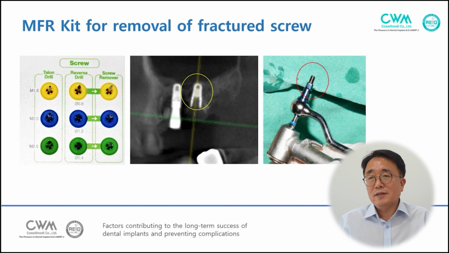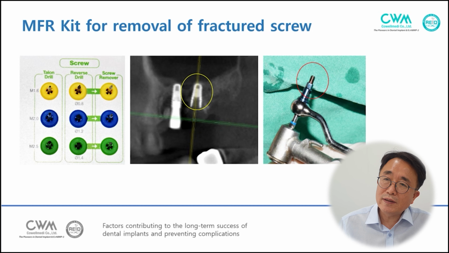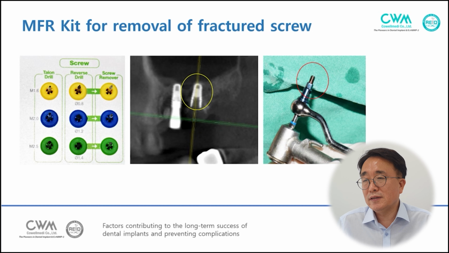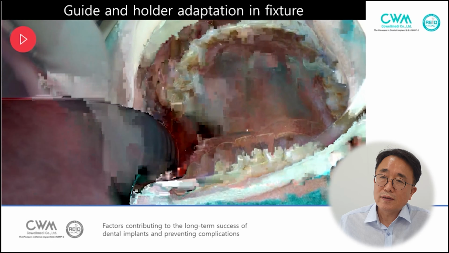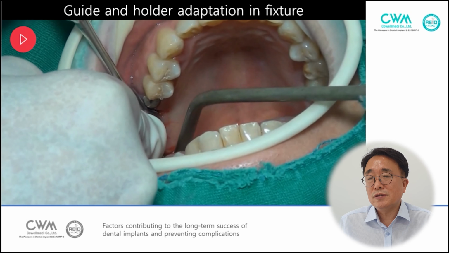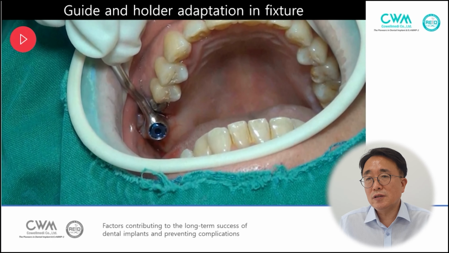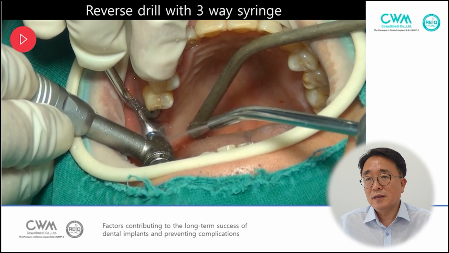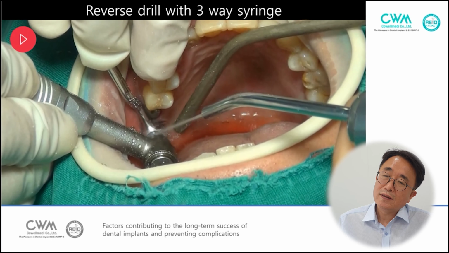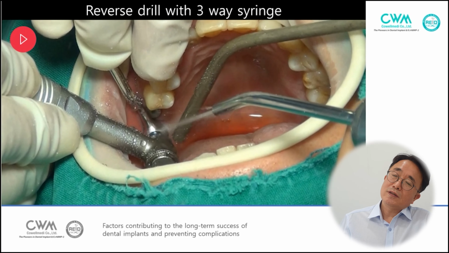And here in this case the screw fragment is positioned deep in the thread, and with this guide the screw fragment is removed. The abutment is removed, and the screw fragment is positioned deep side of the thread, and the guide is adapted, and reverse drill with 1000 RPM.